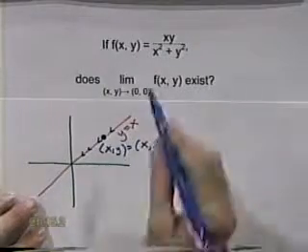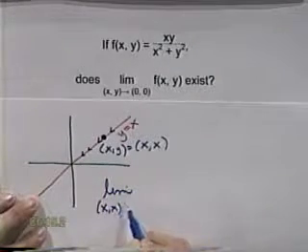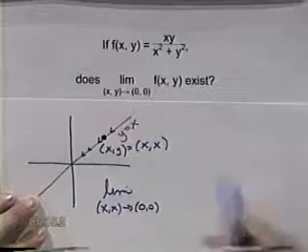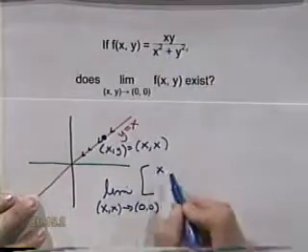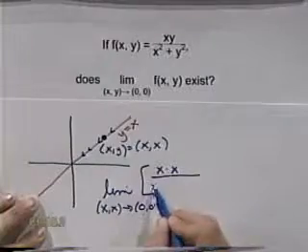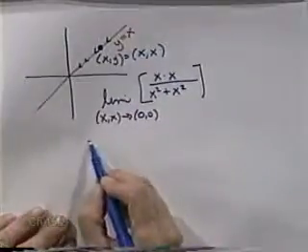All right, and therefore, this would be the limit as (x, x) approaches (0, 0) of, I'm putting an x in for x, an x in for y, and what do I get here?